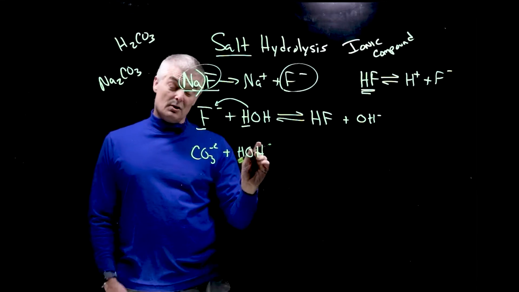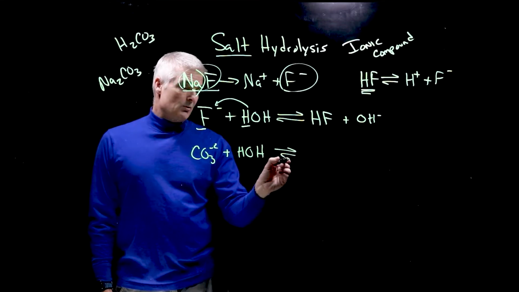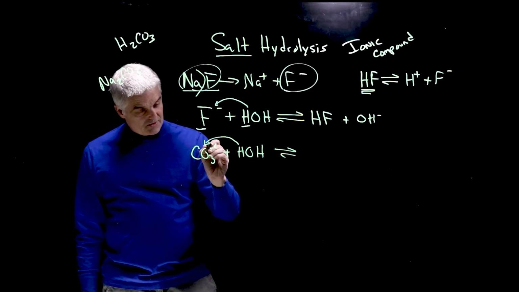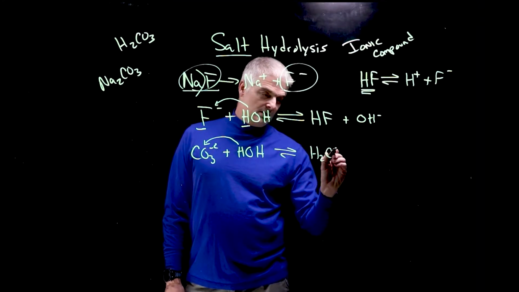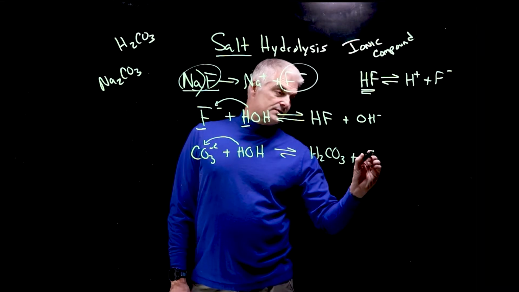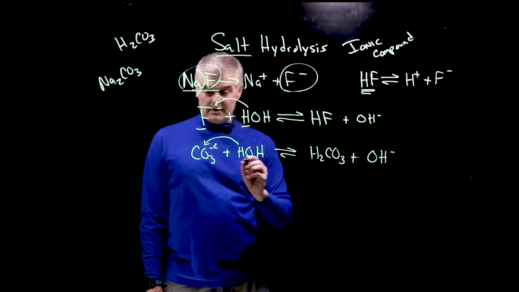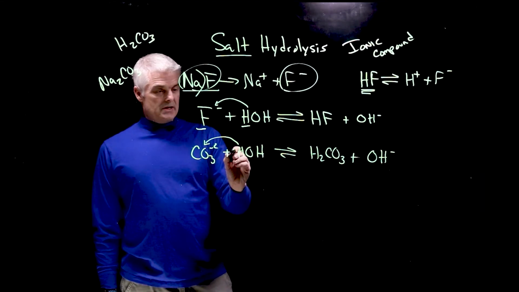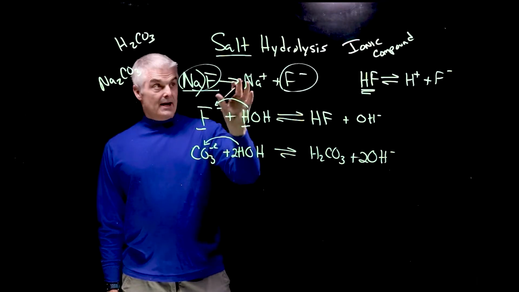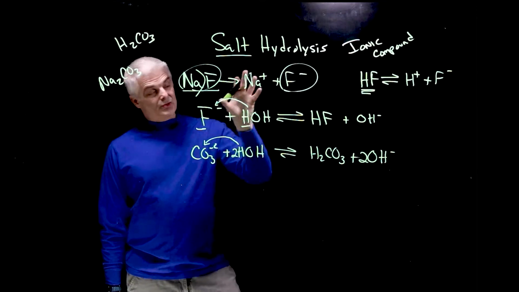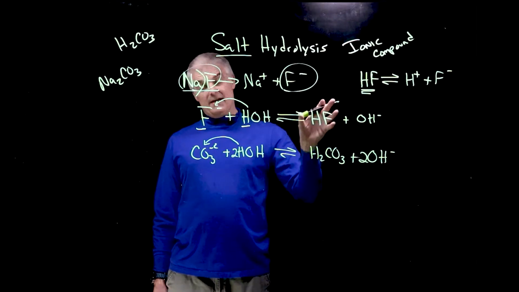Don't write it as H2O, but HOH. And that's going to make what? The H is going to connect with the CO3, and it's going to make H2CO3 plus OH minus. I think we have to put a 2 here and a 2 here to make that work. That's for the salt of a weak acid is a base.